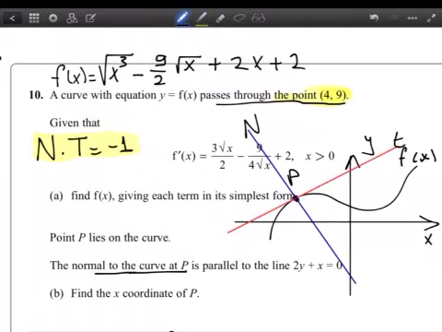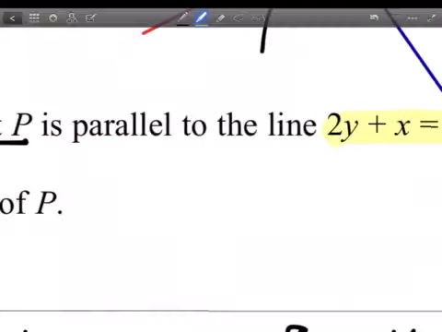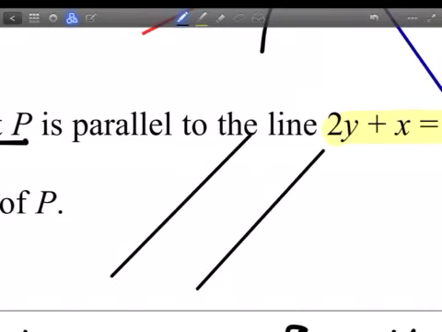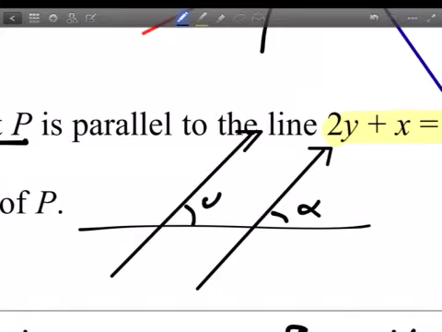Let's say, what is the slope of this line? Because two parallel lines, let's say these two lines are parallel, their slopes should be the same.